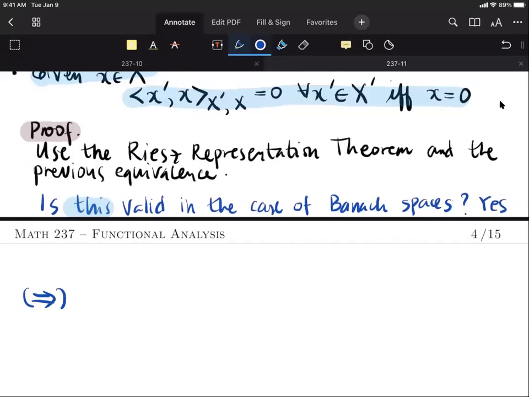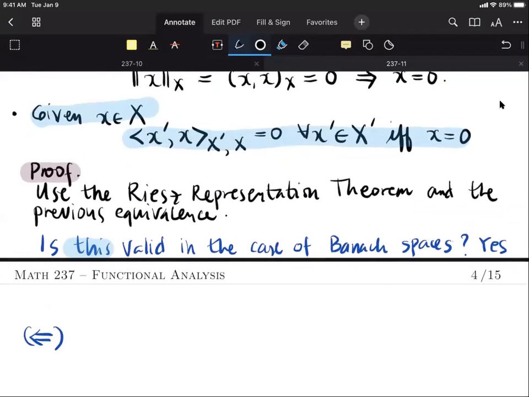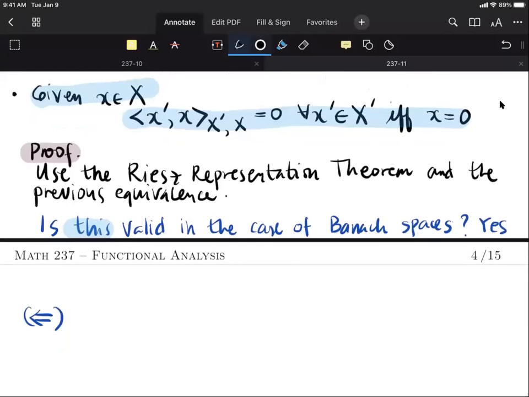For this implication, or I should say the reverse implication, can be established as follows. So if x is 0, then the duality pairing, by definition, is nothing but the value of the linear function x prime at x.